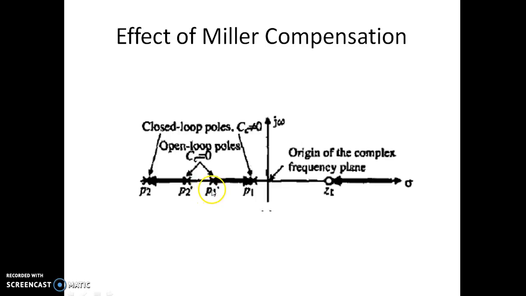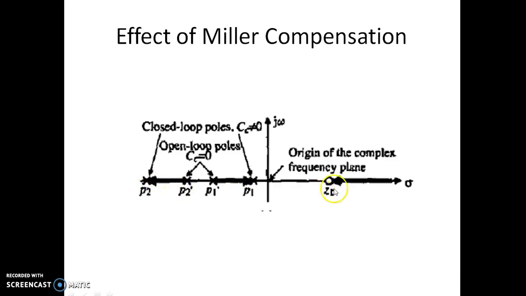P1 dash and P2 dash are poles on the left hand side without the Miller capacitance, and we didn't have any zeros there. Upon putting the compensation capacitor CC, which is not equal to 0, P1 dash has moved close towards the imaginary axis. Now it is P1 here, the new location of P1 dash, and P2 dash has moved more towards the left side of the S plane.